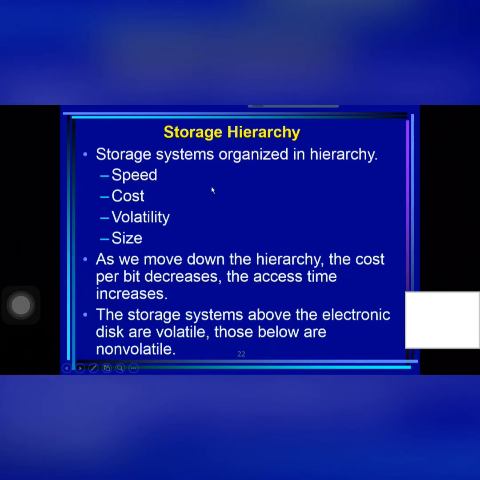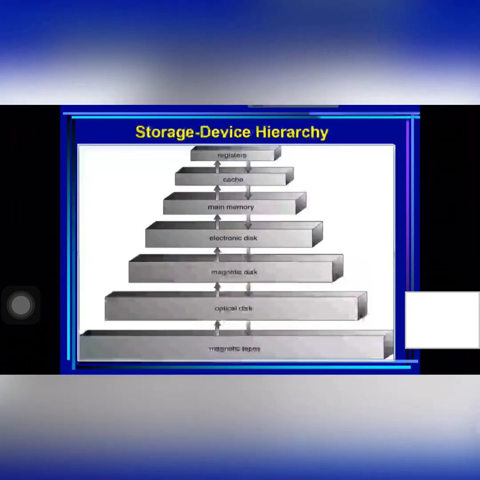The main differences among the various storage systems lie in speed, cost, and volatility. The wide variety of storage systems can be organized in a hierarchy according to speed and cost. The higher levels are expensive, but they are fast.